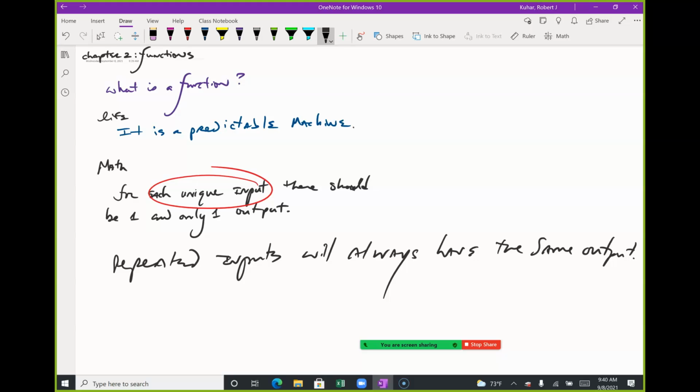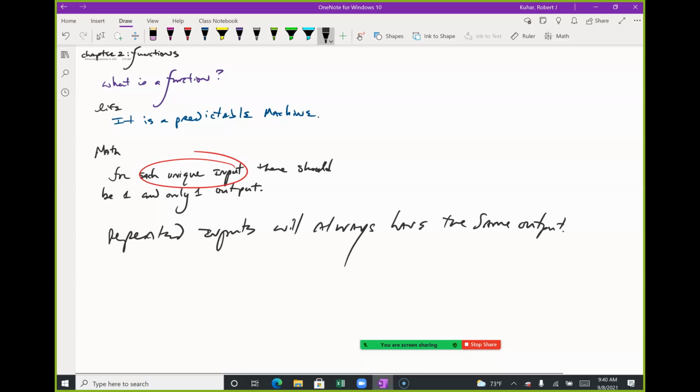I'm doing an experiment, I should get the same results. This is our whole thing, scientific method. I can't prove it's true, but every time I do it, I get the same results. In mathematics, we can actually prove it's true, so we don't have to keep doing the experiment. We can just call this thing a theorem. But repeated inputs will always have the same output.